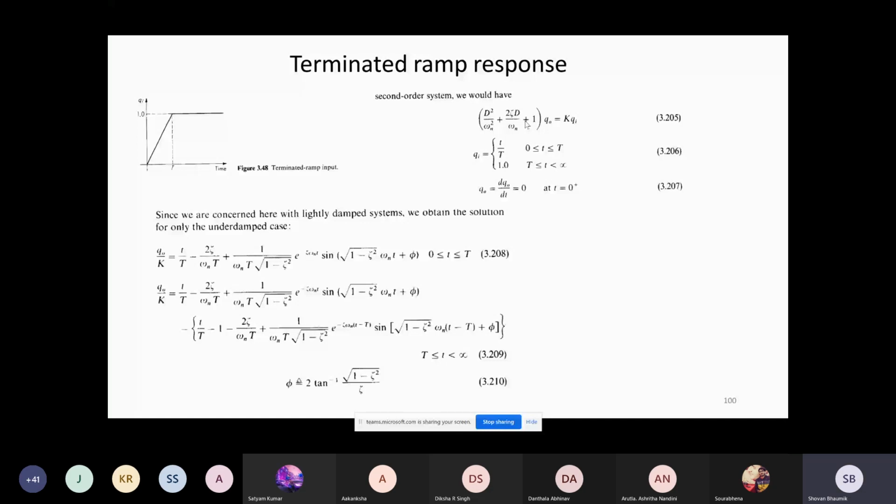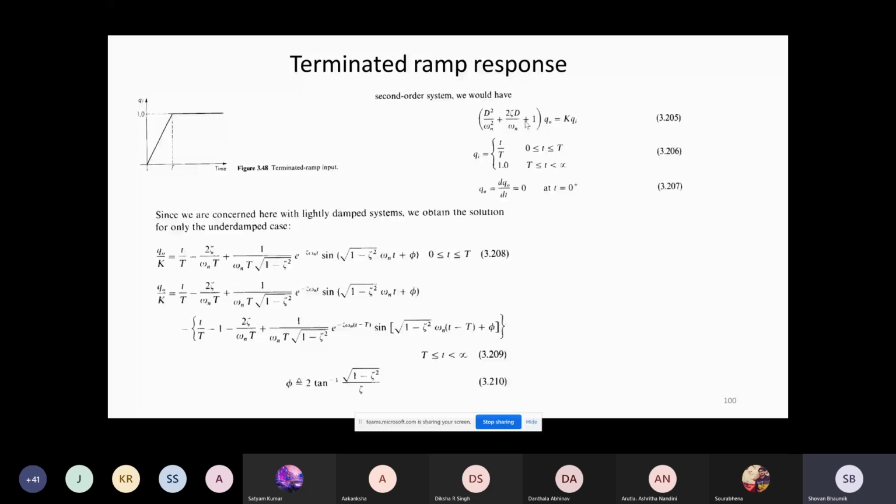Now the equation 3.208 is the output for the ramp input, in between time 0 to capital T. Now the equation 3.209 is the output for the time greater than capital T, up to infinity.